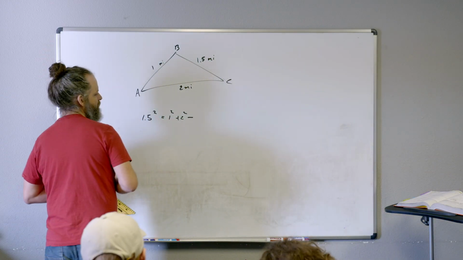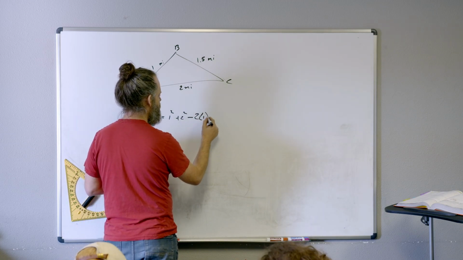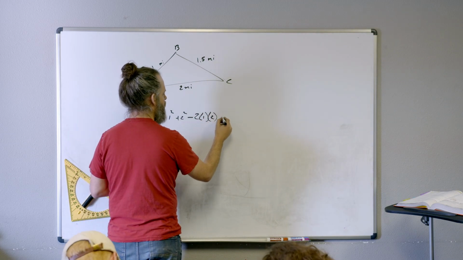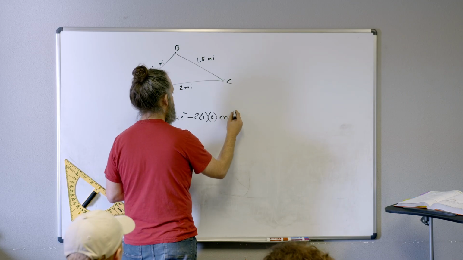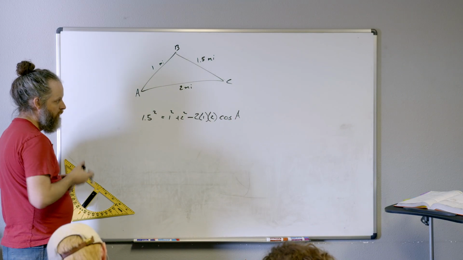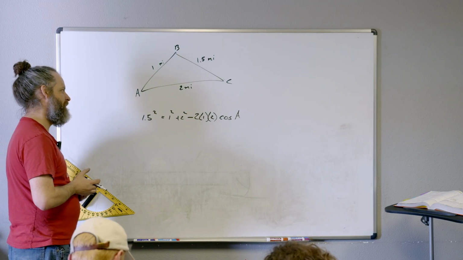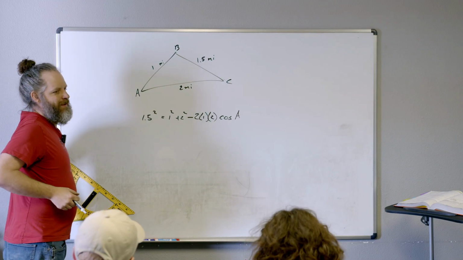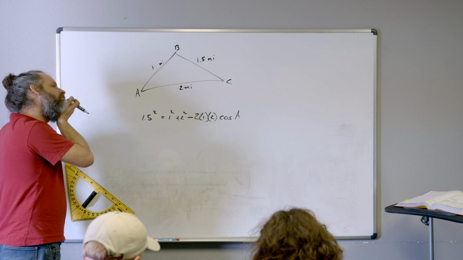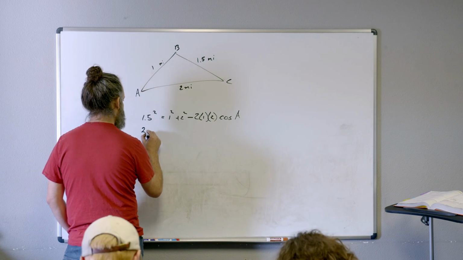So minus 2 times 1 times 2 times the cosine of A. What's 1.5 squared? 2.25.